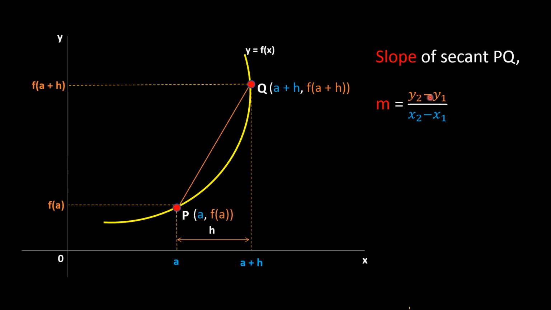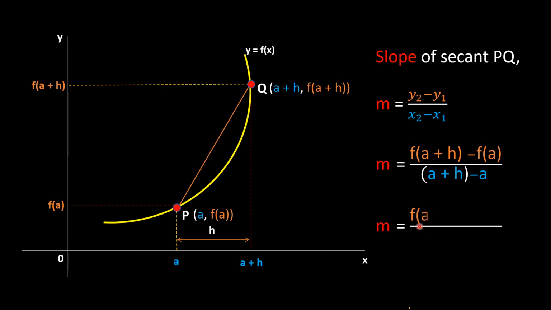Difference between y coordinates will be f of a plus h minus f(a), divided by a plus h minus a. A minus a will become 0, so it will be m equals f of a plus h minus f(a) divided by h.